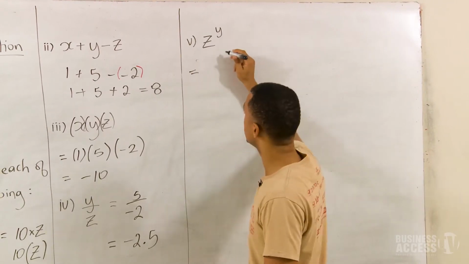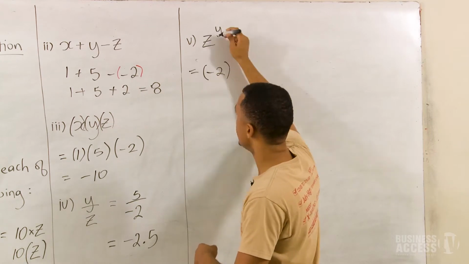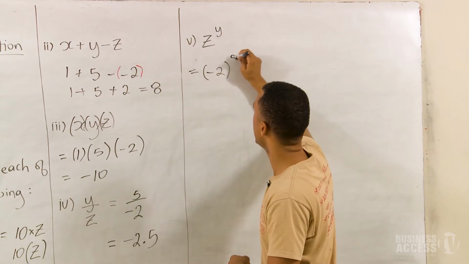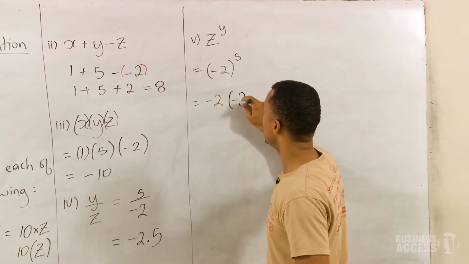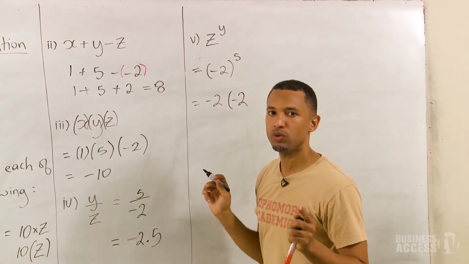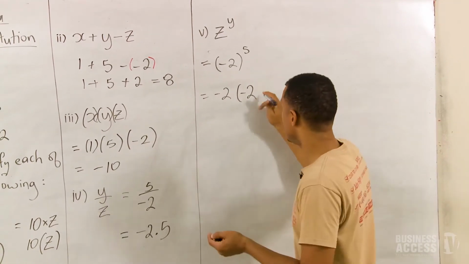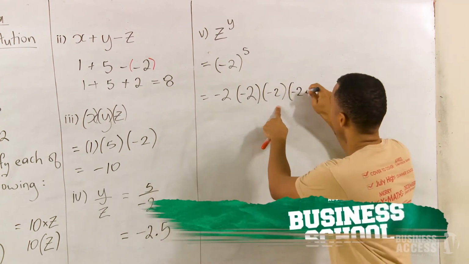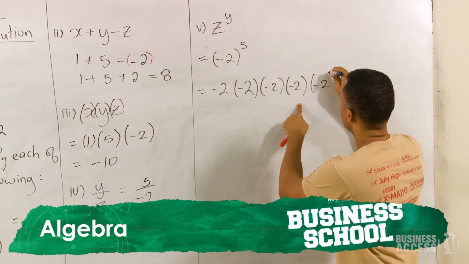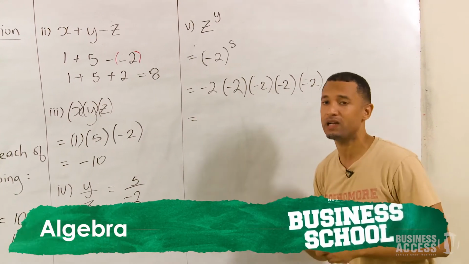Now z raised to the y power. z is -2, raised to the y power, and y is 5. That means write down -2 five times and multiply them. Again, you can do this with your calculator.